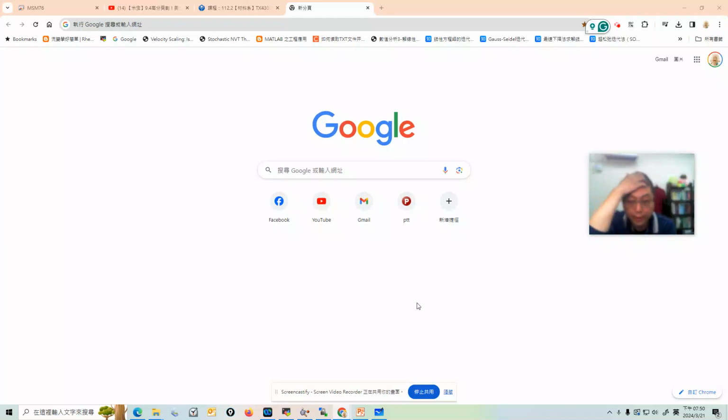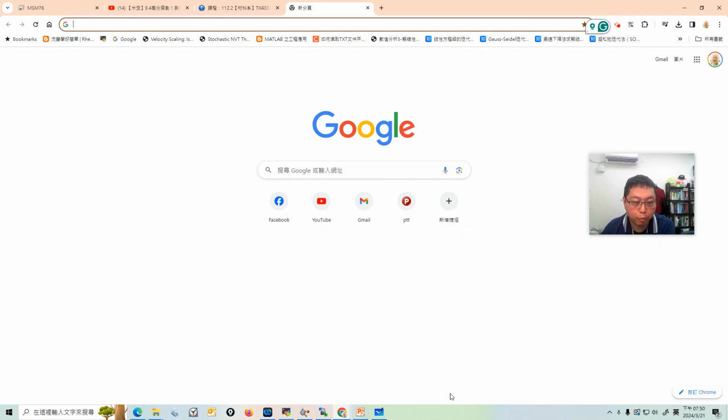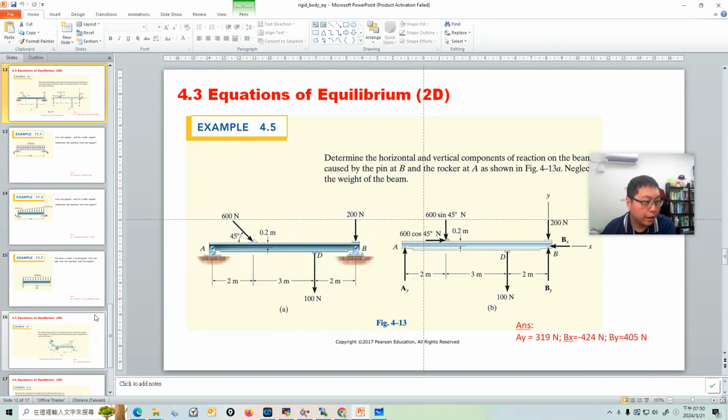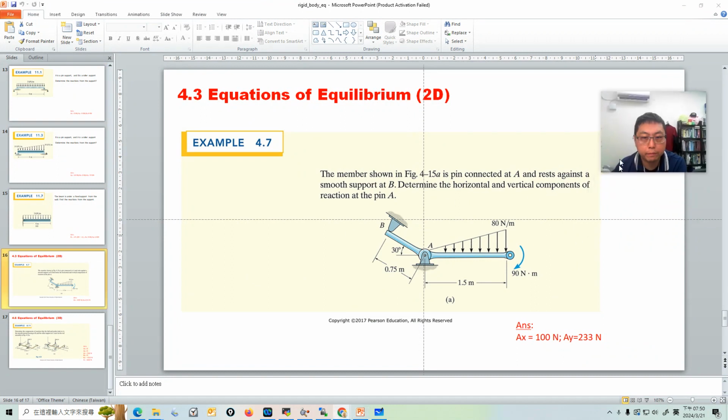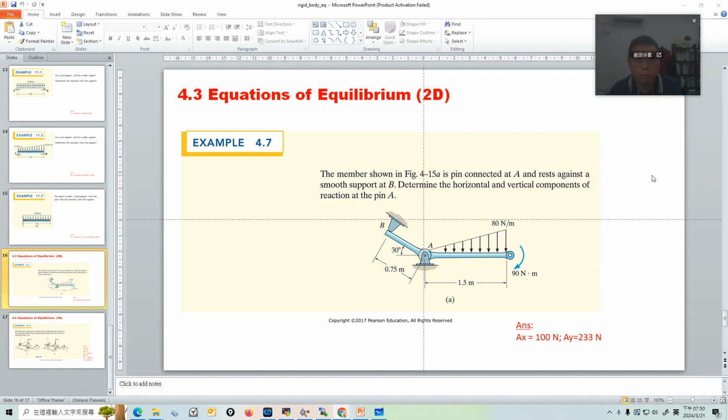Hello everyone. In this video I'm going to show you another calculation for the support reaction. This time it's another example from the textbook, Example 4.7. I want to show this example because it has a distributed load.